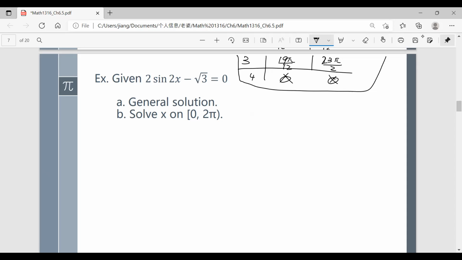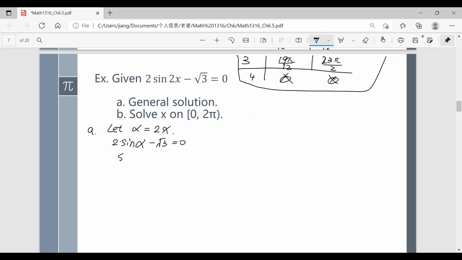So solve the sine alpha, because for the first one we can let alpha equal 2x. So 2 times sine alpha minus square root 3 equals 0, and solve for sine alpha.